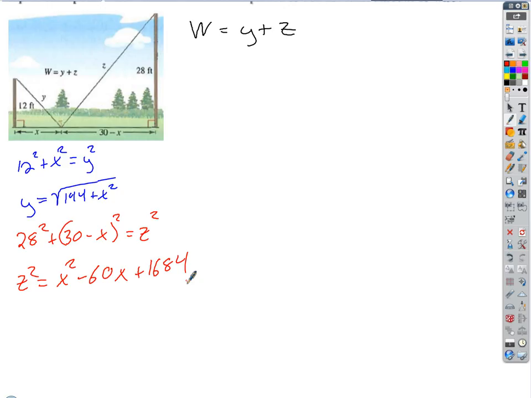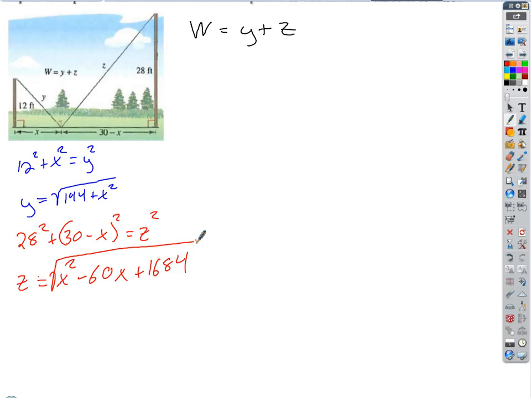Then we want z, not z squared, so we'll square root both sides. Okay, so we get z and we get y, so now we've got this whole thing as a function of x.